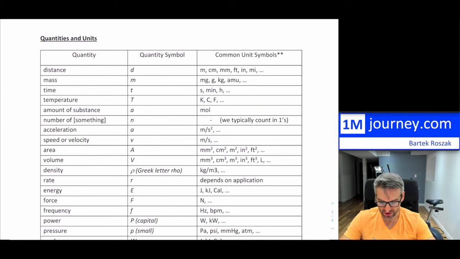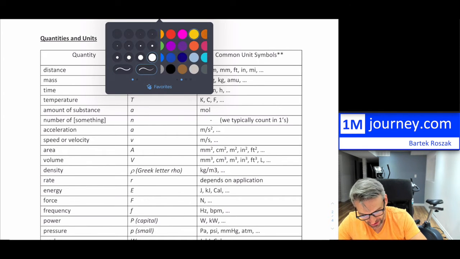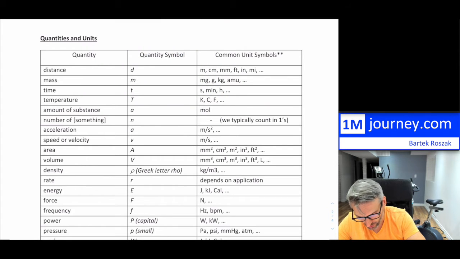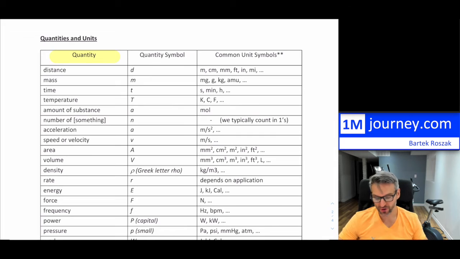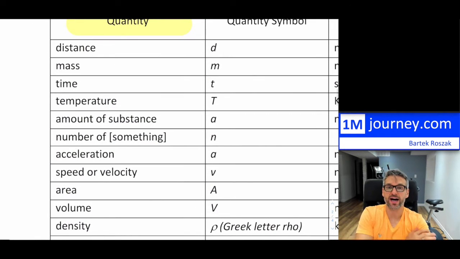So for instance, if you're asking yourself in a question what it is that you're going to be solving for, that is really this quantity. Here you have a list of all of these different quantities. Now, distance, for example, is something that people are aware of.